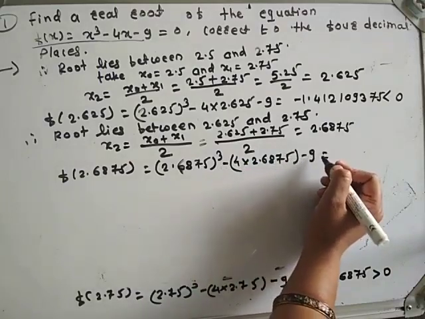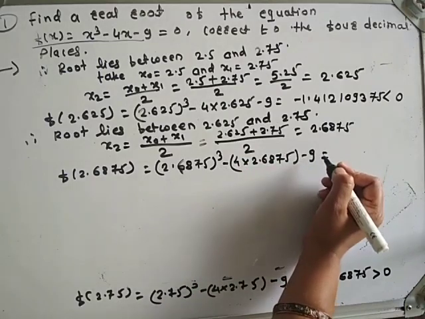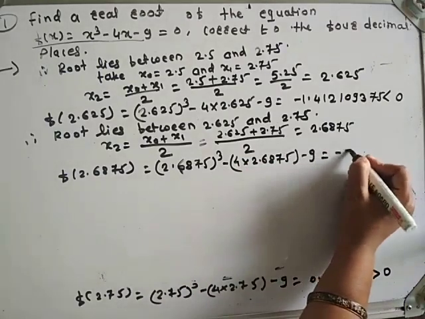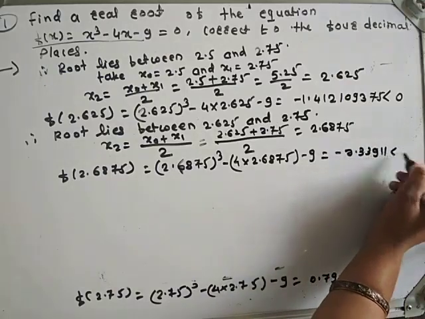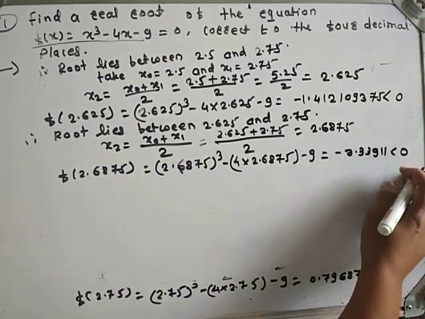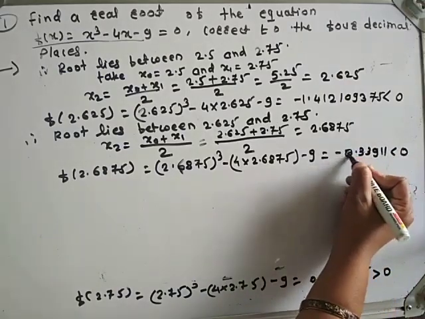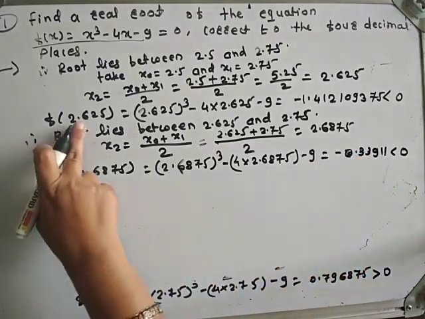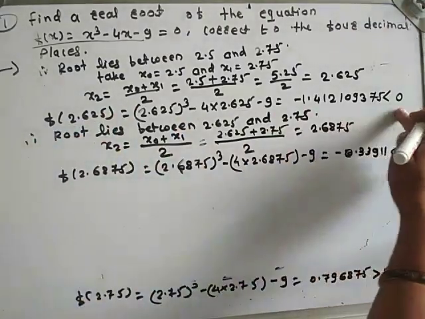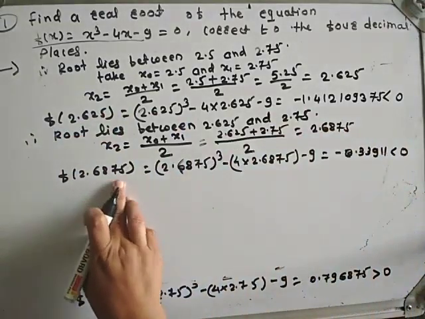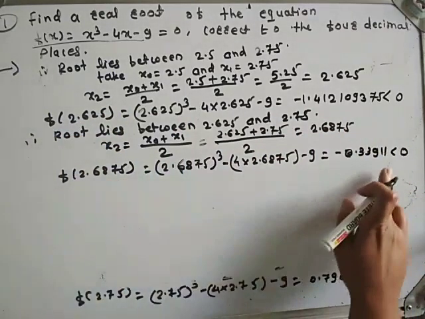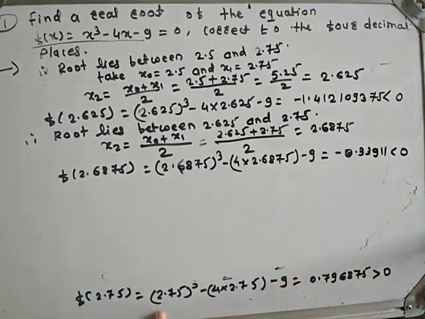After calculating this value, we get minus 0.33911, which is strictly less than 0. See here, f of 2.625 is less than 0. f of 2.6875 is negative and f of 2.75 is positive.